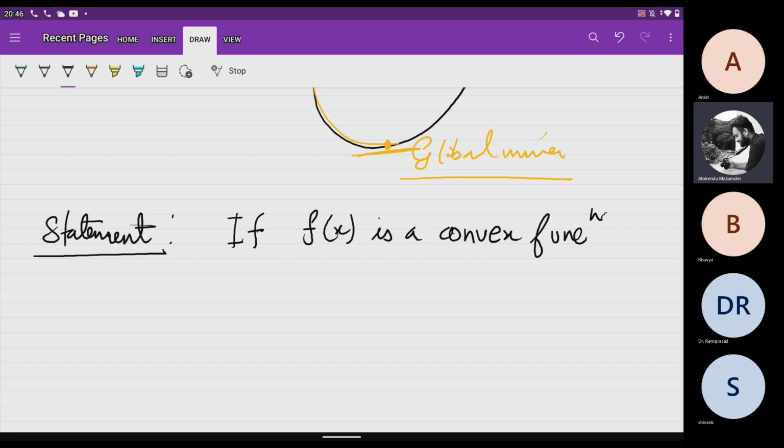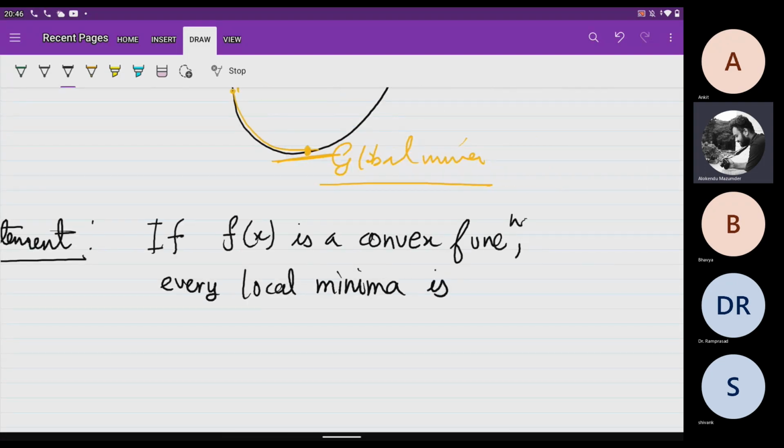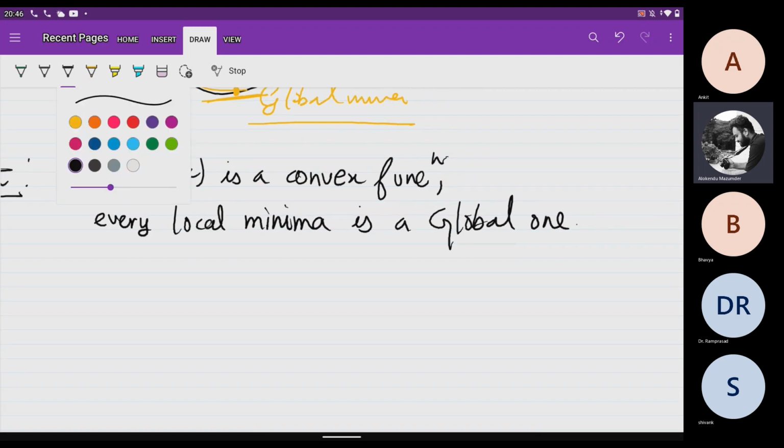So if f(x) is a convex function, then we say every local minima is a global one. Now we are going to prove this.